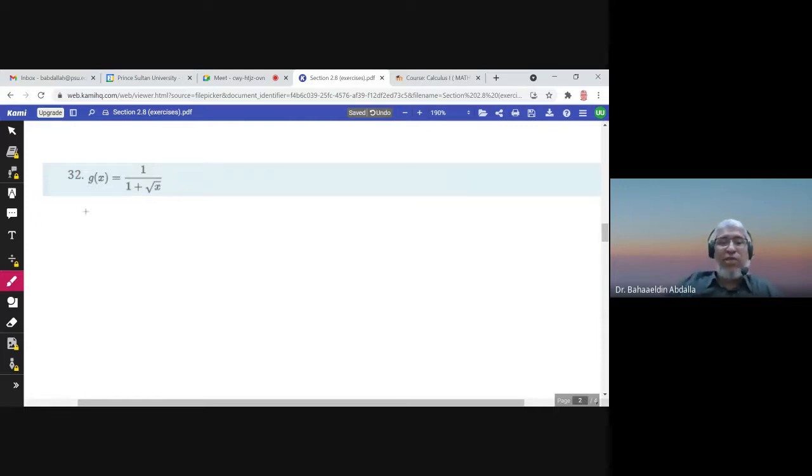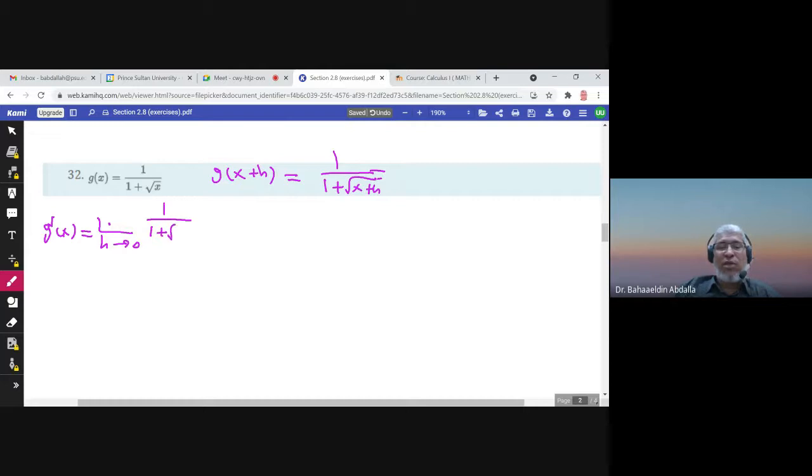We need to find g prime of x. Well, I need g of x plus h, which is 1 over 1 plus square root of x plus h. So I replace x by x plus h. So g prime of x would be the limit when h approaches 0 of g of x plus h, which is 1 over 1 plus square root of x plus h, minus g of x, which is this one, all over h.